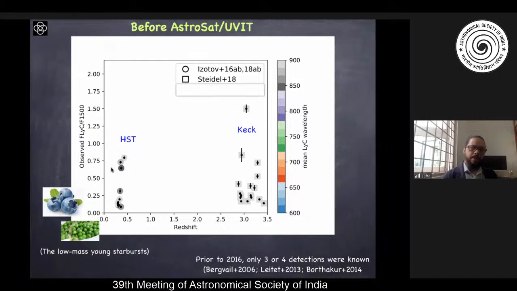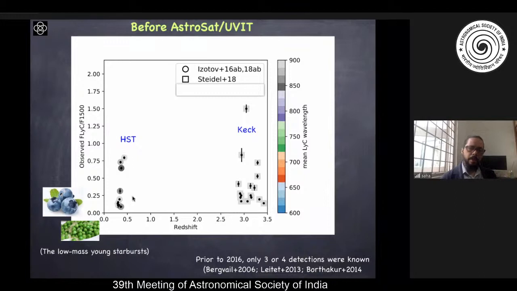You can see these are the sources; on the x-axis is redshift, and on the y-axis we plotted the observed Lyman continuum photons, the ionizing versus the non-ionizing flux. These are the green pea and blueberry galaxies, which became known recently, around 2016 to 2018.